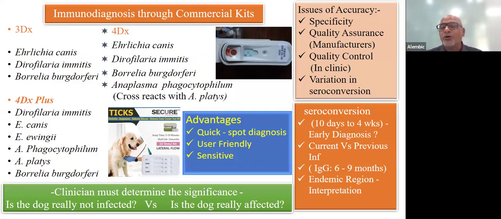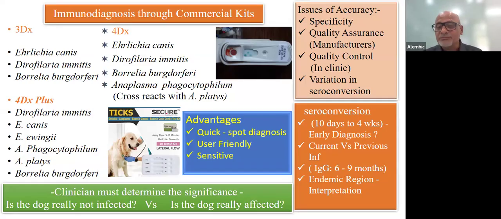And all these tests are based on detection of IgG level, which circulates in the blood for a longer period, for a few months. So even the antibodies that were formed during a previous infection may get detected subsequently, after a month or two. So that is the dilemma in the mind of a clinician, how to interpret this.